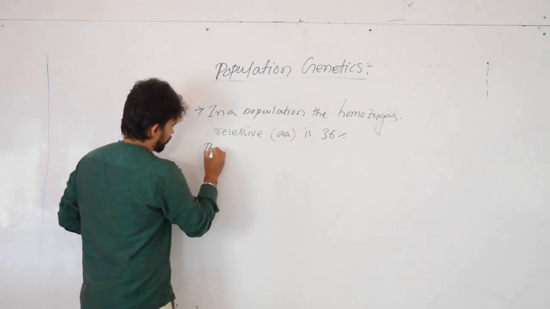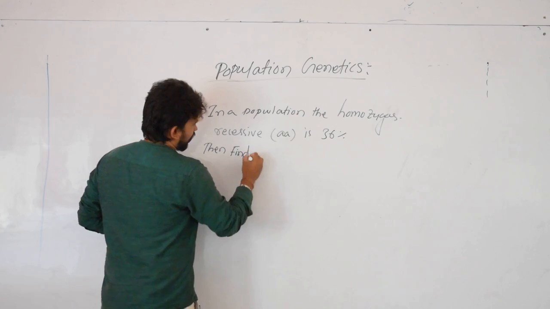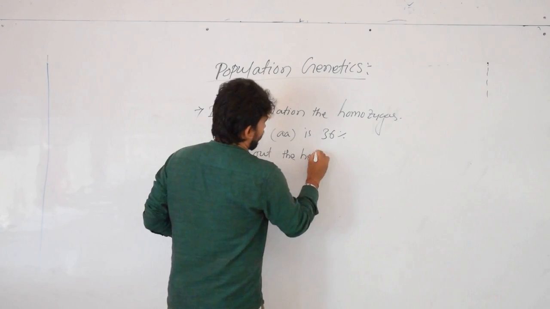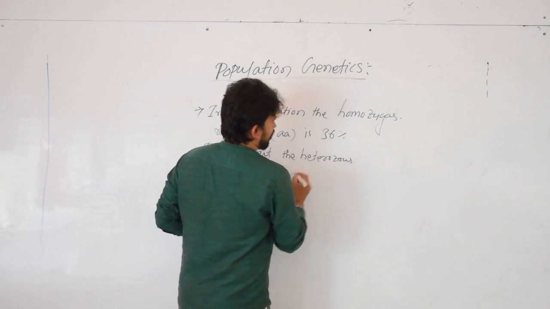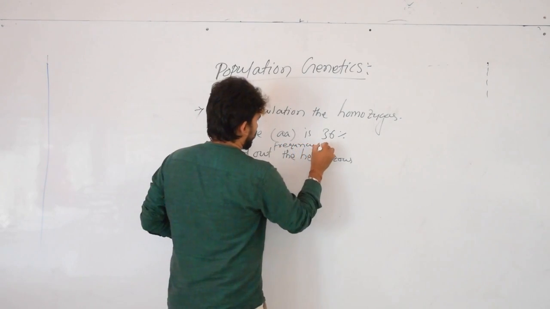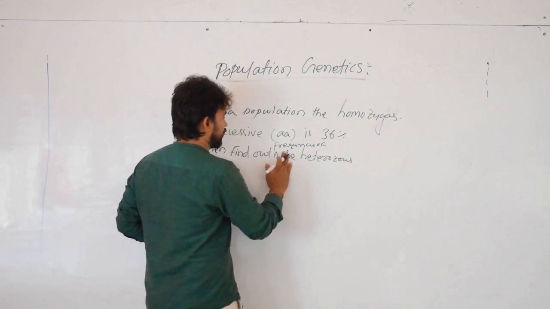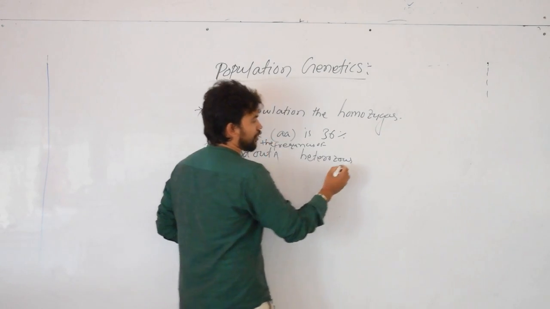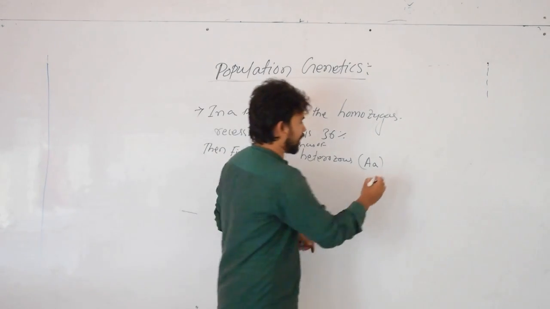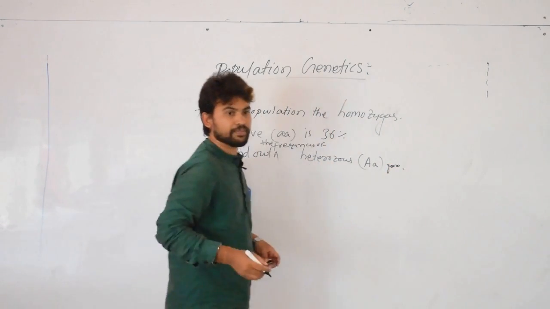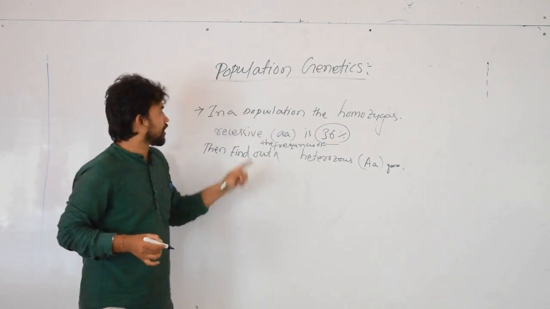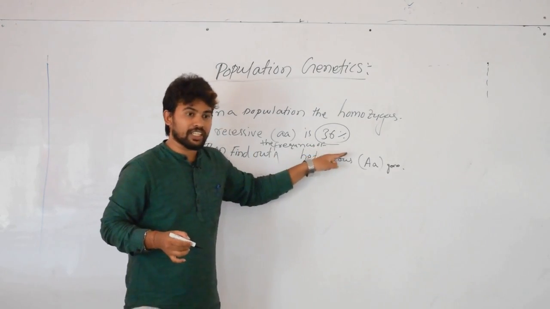Then find out the frequency of heterozygous genes. Are you getting my point? So here only one piece of data is given, that homozygous recessive is 36%.